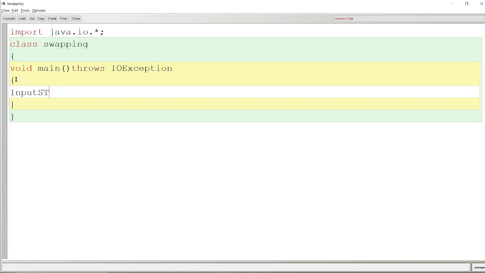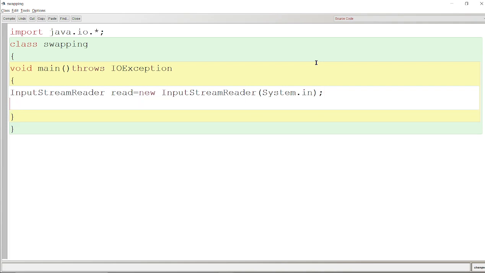reader: InputStreamReader read equals new InputStreamReader, sorry, System.in. In System.out.println, what you are writing is System.out. System.out represents that it has to give some output, and when we add this dot, it extends that output stream, and that output stream represents println.